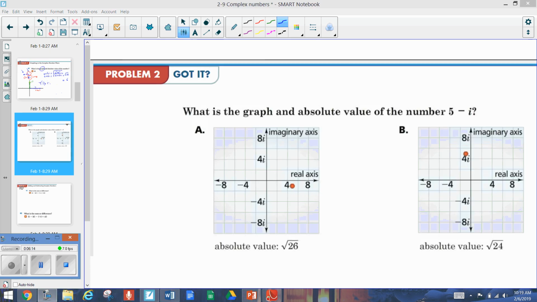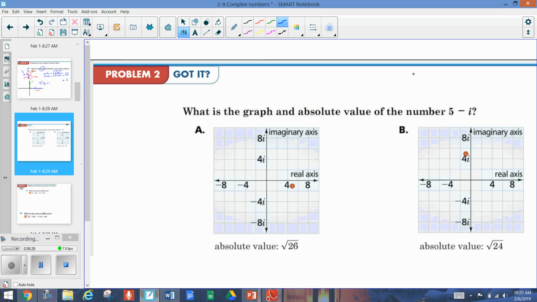It's your turn to do that. If you got it, you can solve it, right? Take your time, think about it. Alright, if you're saying A, let's check that. Let's analyze the graph. A plus bi. So real portion is 5. 1, 2, 3, 4, 5.